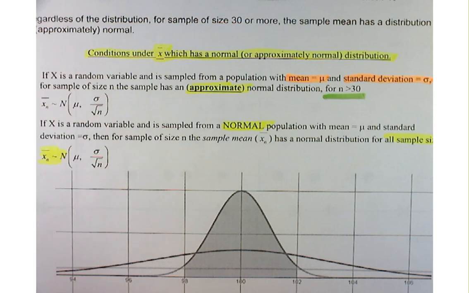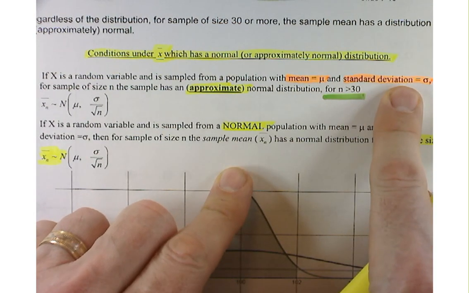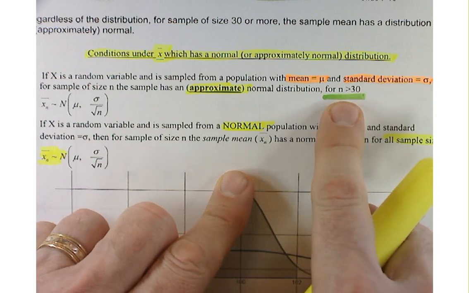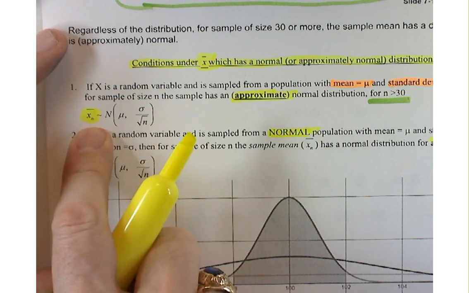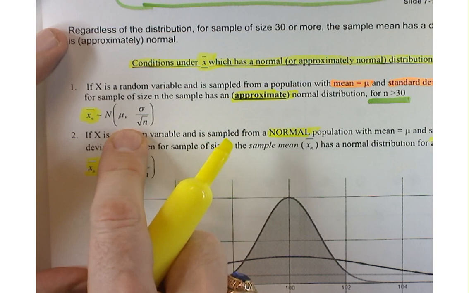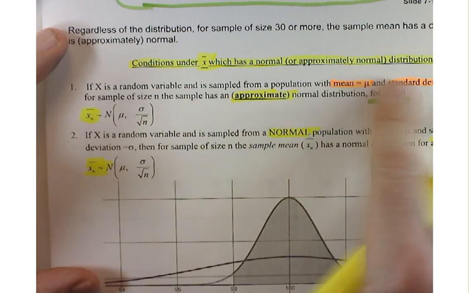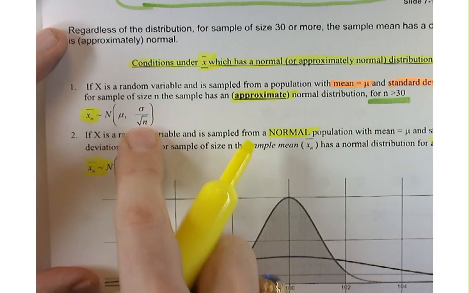Now, assuming that your population mean is mu and standard deviation is sigma, for a large enough sample size, x bar, your sample mean is going to have an approximate normal distribution, with this mean, which matches this, and the standard deviation, which is sigma over the square root of n.